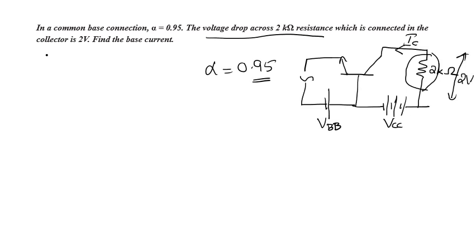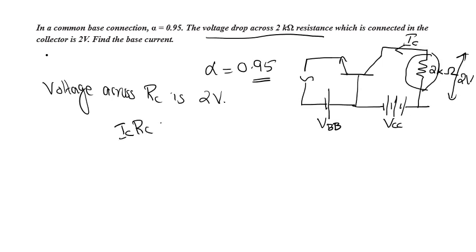So what is given is the voltage across RC is 2 volt. Suppose we take IC as the collector current, then the voltage across RC is nothing but IC into RC, and this is equal to 2 volt.